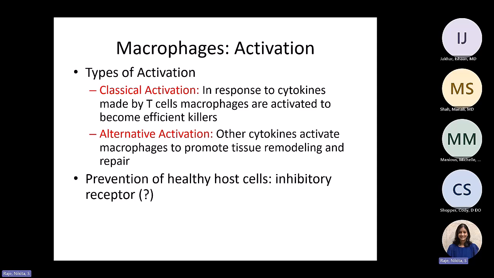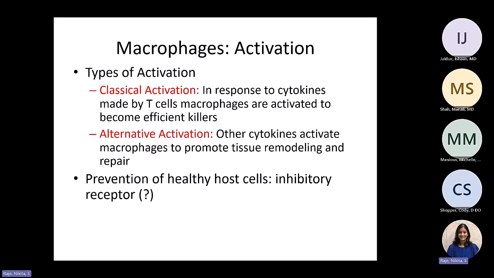Classical activation occurs in the presence of cytokines that come from different cells like T cells, and they help in making macrophages more efficient killers, compared to alternative activation, where they are more helpful in tissue remodeling and repair. So rather than inflammation, they are the ones that are going to help in tissue repair.